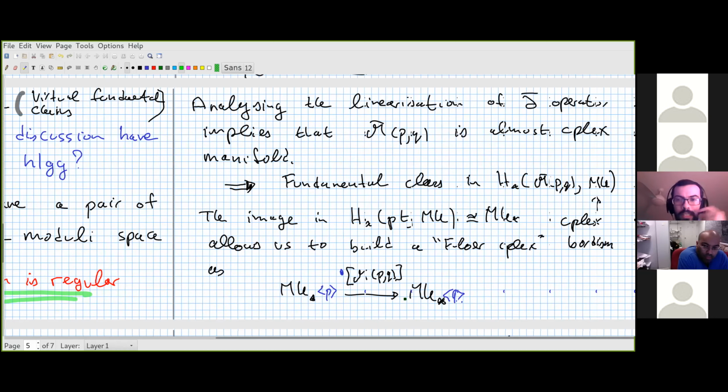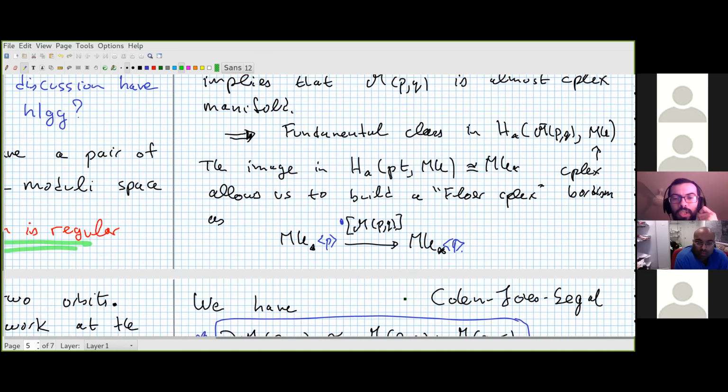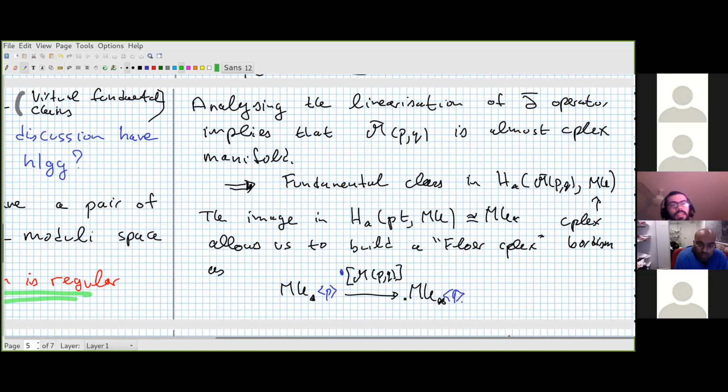And the way you do this is that you need some assumptions. One of the outcomes of Floer theory is that these moduli spaces are not just smooth manifolds. In fact, they have almost complex structures, which means they define an element of complex bordism.